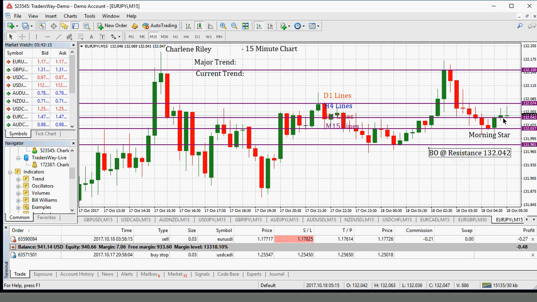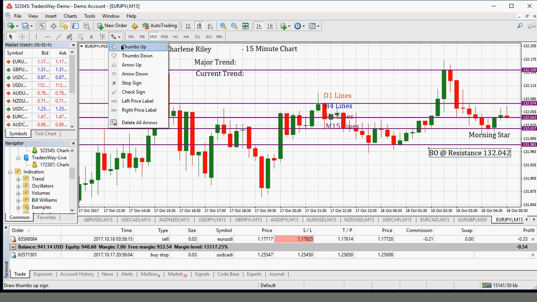So because I had the breakout here, because I waited for confirmation that there's the reversal, and the confirmation is the close of this candlestick to enter, to show that the pattern, and then the next candlestick confirmed the reversal.